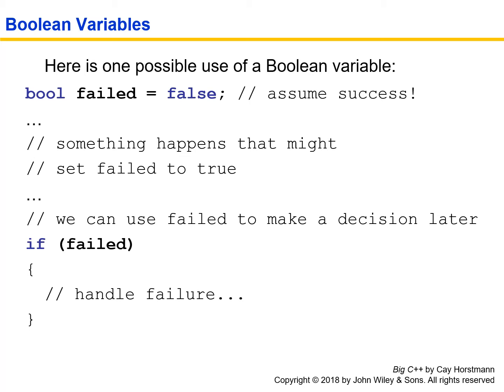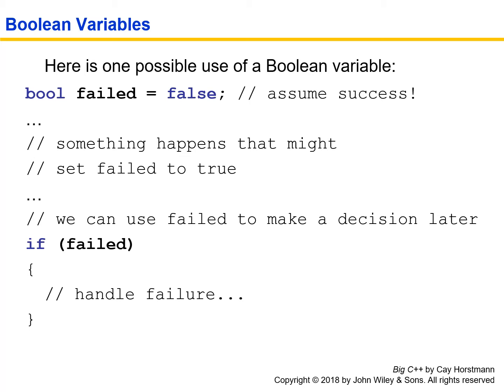Then some processing happens and something along the way might set failed to true. Then we might fail to be able to write a file to the hard drive, for example, or we might fail to get access to a protected part of the operating system or something.